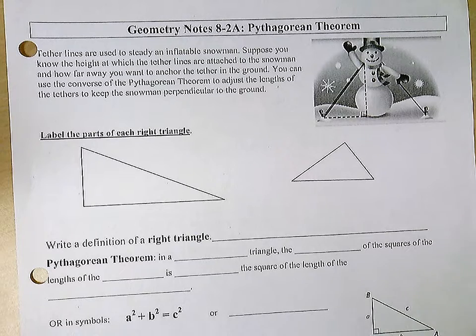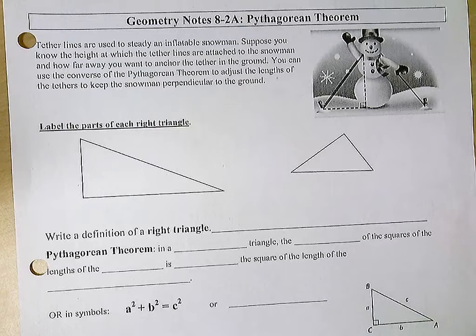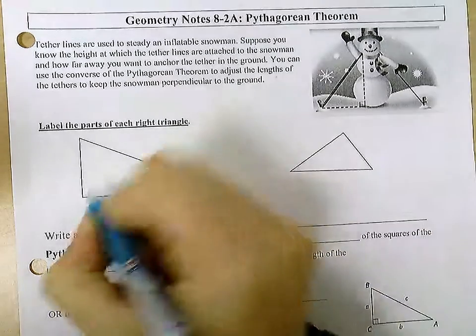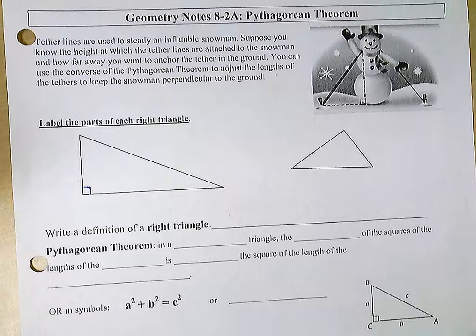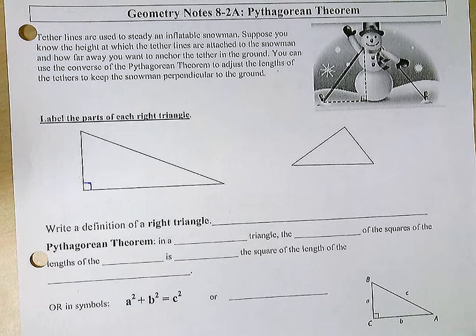So before we start with the Pythagorean theorem, I do want to label different parts of a right triangle. Within a right triangle, you should have a 90-degree angle.